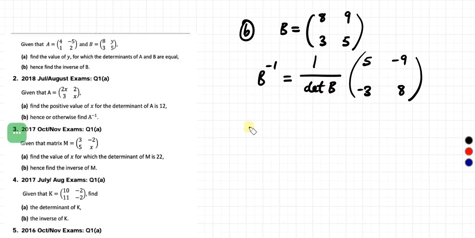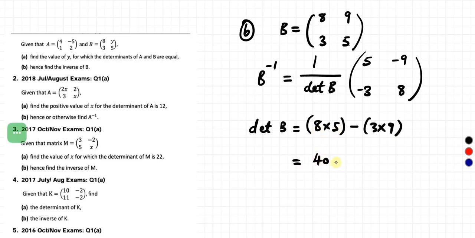So the determinant of B is going to be this times this, like 8 times 5, then minus 3 times 9, open brackets 3 times 9 like that. So it will be equal to 8 times 5, which will be 40, minus 3 times 9, which will be 27, if not mistaken.